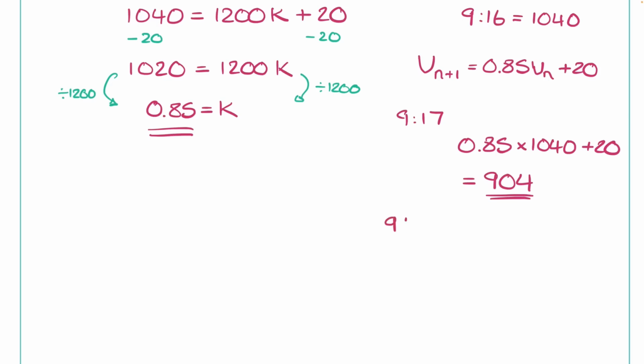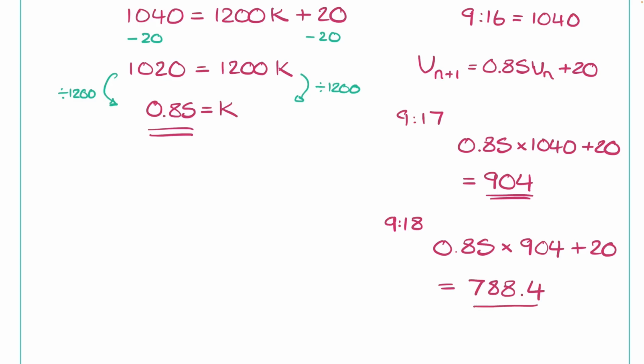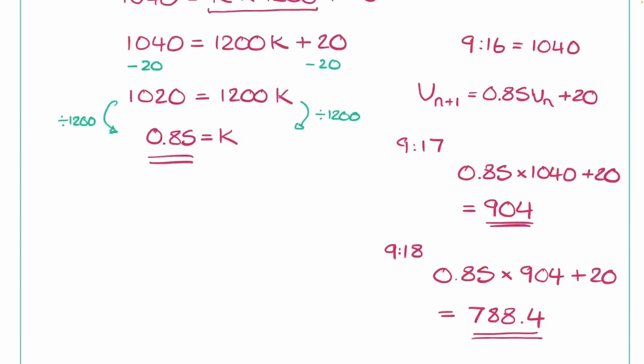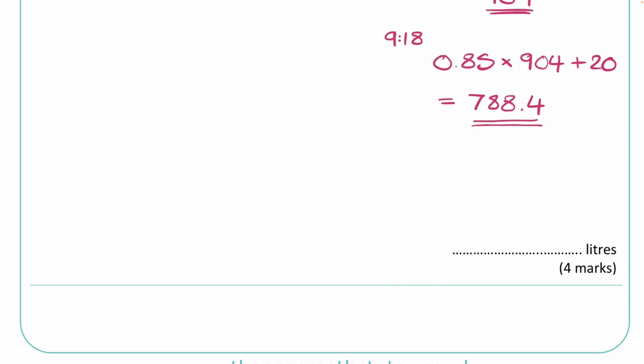So for 9:18, to finish this off, we do 0.85 multiplied by the current number, 904, and then add 20, just reusing that previous answer to work out the next iteration. That gives me 788.4. There's my final answer, 788.4, the volume of water in the tank at 9:18. So we'll write that in, 788.4 litres.